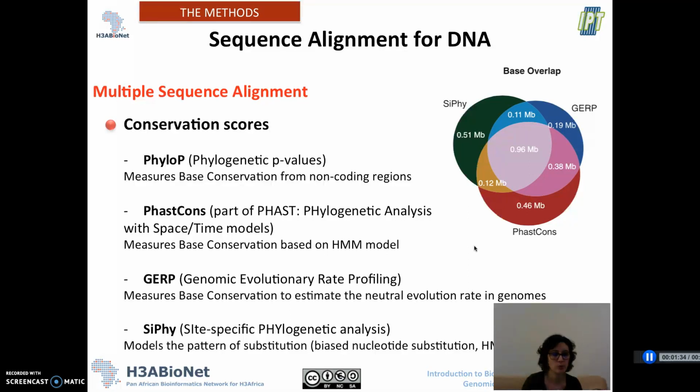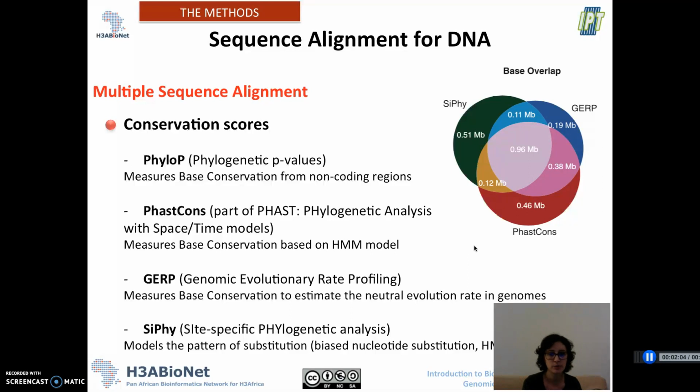A good one would be GERP, which stands for Genomic Evolutionary Rate Profiling, and it measures base conservation. And how are we able to measure this base conservation? In fact, this is done through the estimation of the mean number of substitutions in each aligned genome.